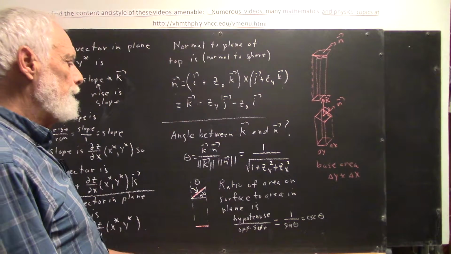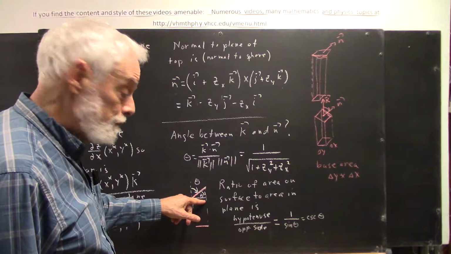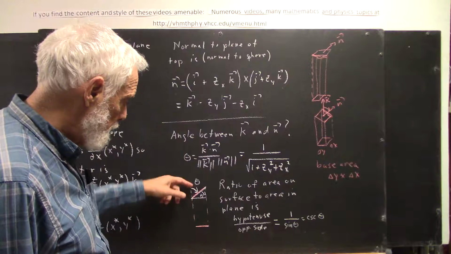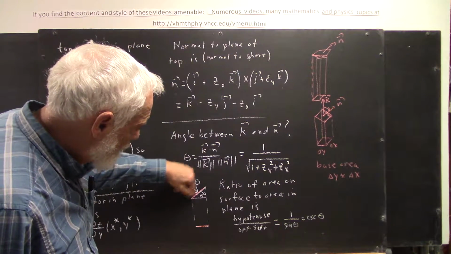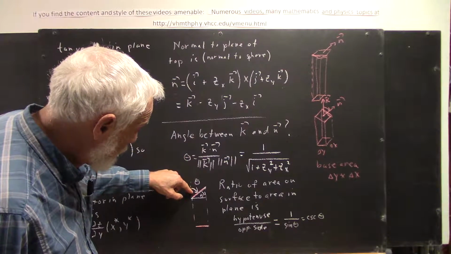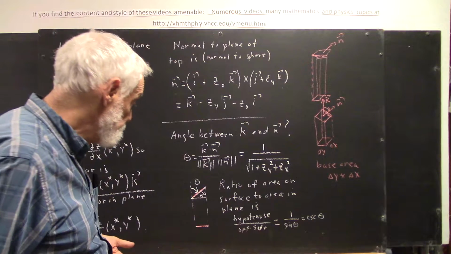It appears to me that the ratio of this side to this side, well, here's your angle theta, because this side is a traversal of two parallel lines, so this angle here has to equal this angle here. They're alternate interior angles of a traversal.